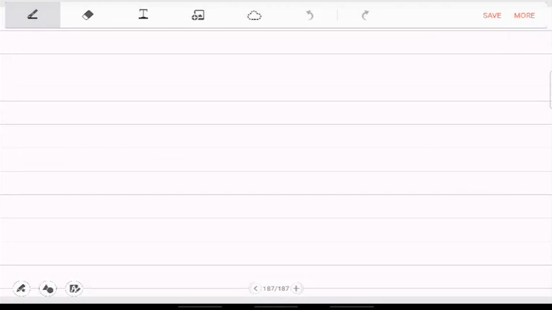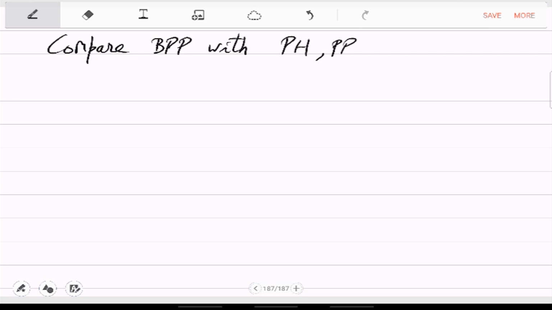So to further understand the comparison, to compare BPP with PP, let's do the following. Let's compare BPP with the polynomial hierarchy, with PP, etc. Is it contained there?